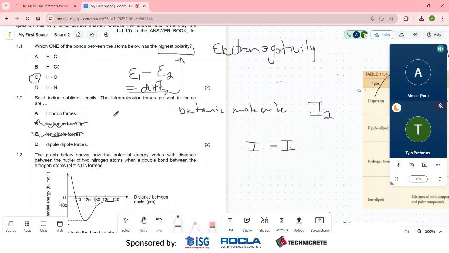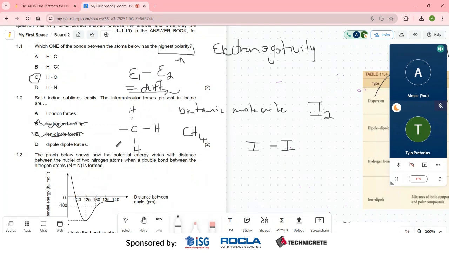Okay, and dipole-dipole forces are between polar molecules and other polar molecules. Dipole means polar. Okay, and the only way that a molecule can be polar is if it's got an uneven electron distribution. Okay, which means that it's not symmetrical. It doesn't look symmetrical. So if we look at CH4, for example, or methane, CH4 is a symmetrical molecule.